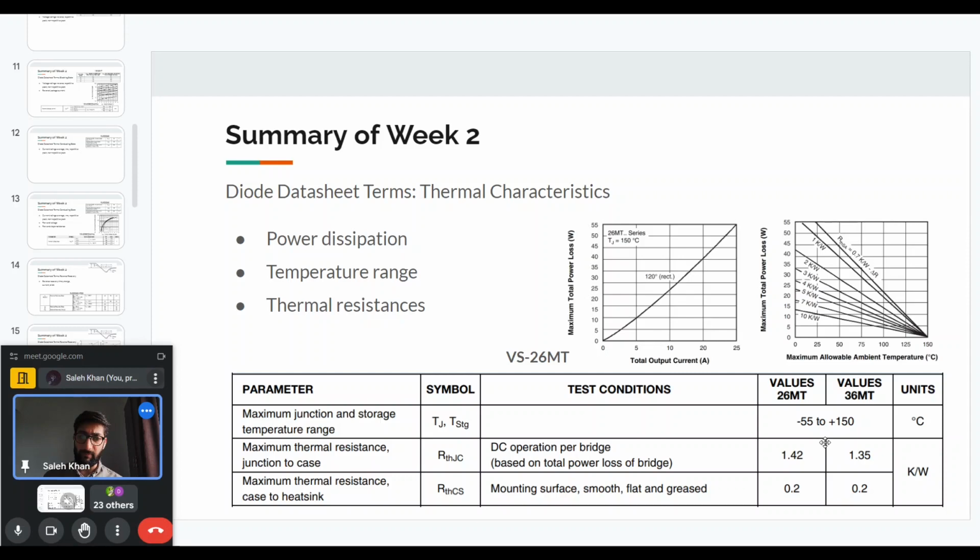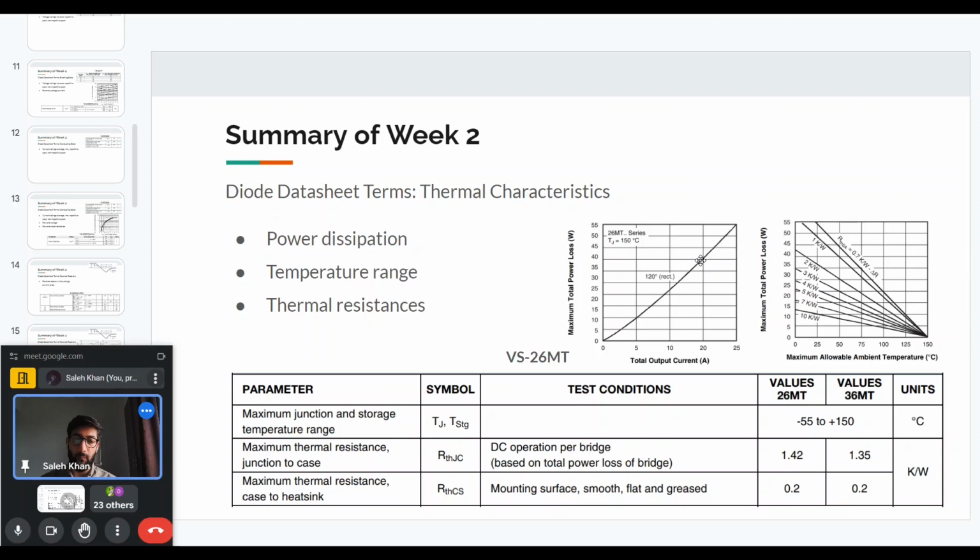And based on this, the data sheet will also provide the total power loss, and as the current through the device increases, the total power loss will also increase. For example, on the right side, you can see a figure, and different curves are provided for different thermal resistances R_SA, which is heat sink to ambient.